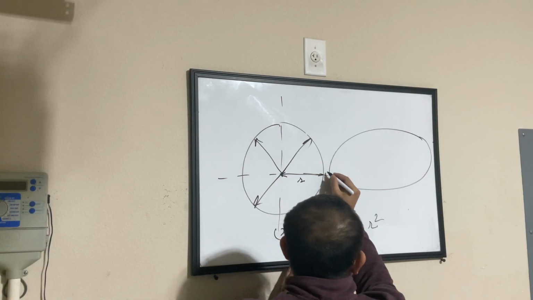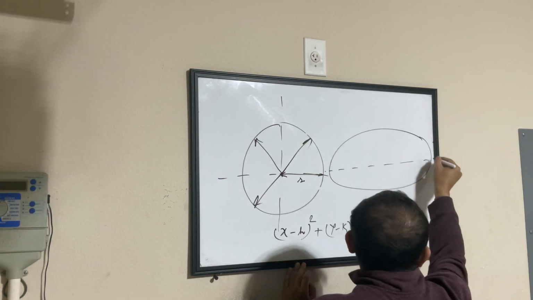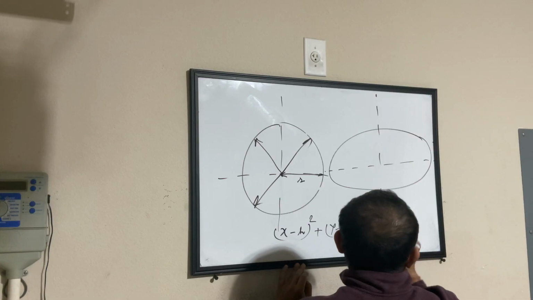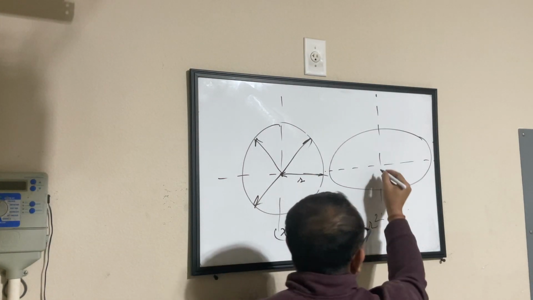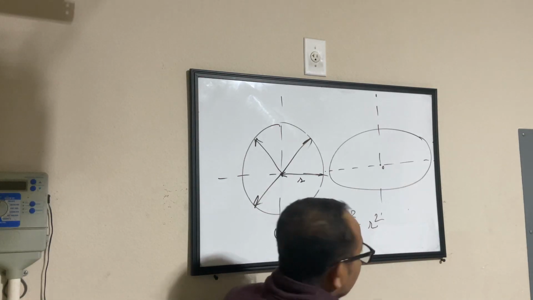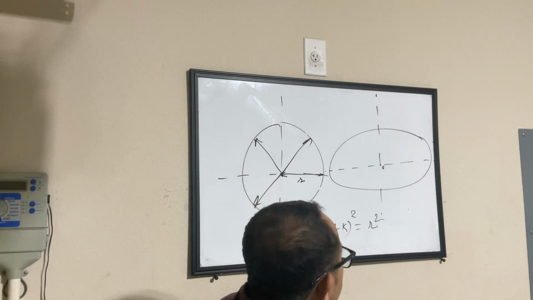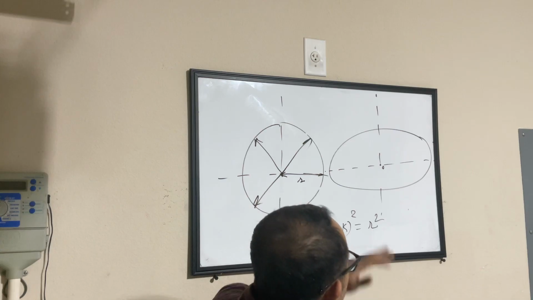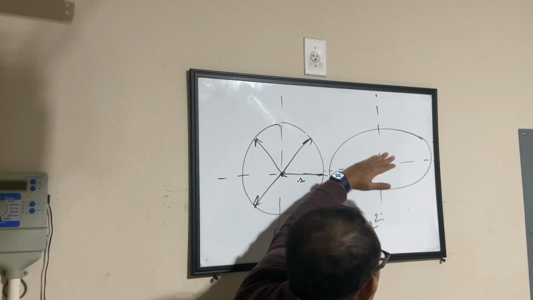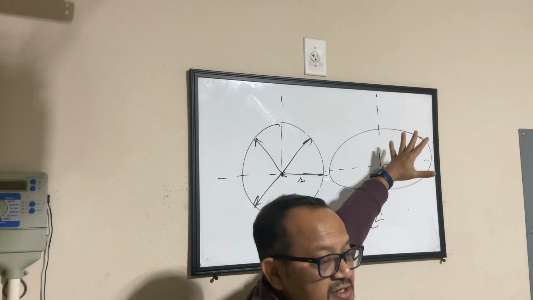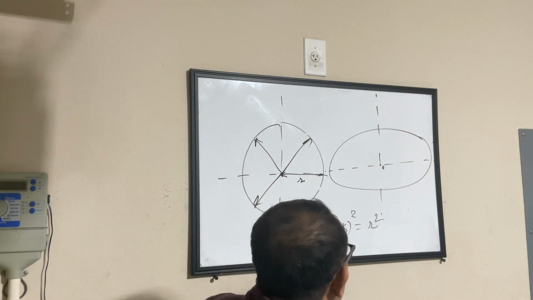So now let's look at the next part of it. Let's assume for now that this is my origin, which I will say is the center of this ellipse. Why I'm saying so is because this point is creating some symmetry with this shape. What do I mean by that?